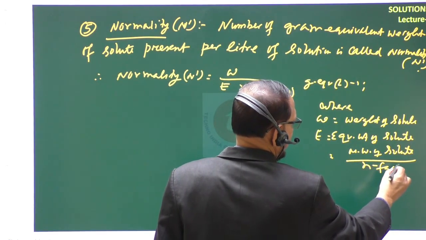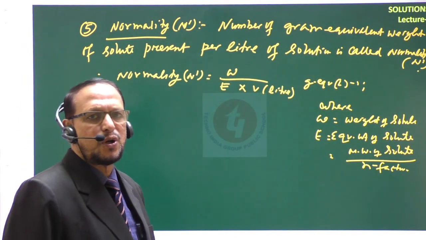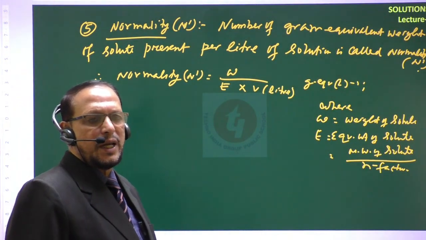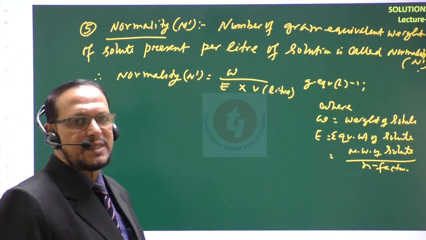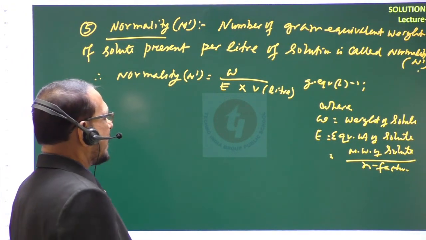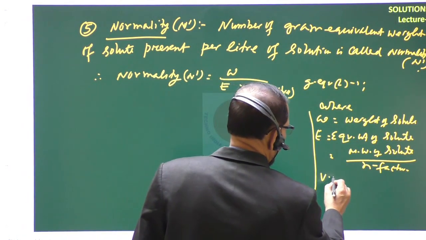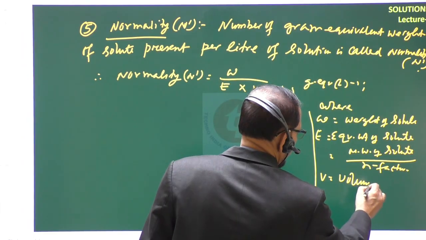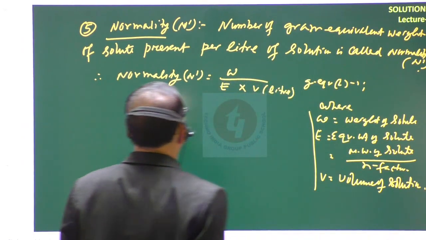N factor is the valence factor, that you know: number of cations or anions for salt, the number of H plus ions, that is the basicity, for acid, and for base it is the acidity of the base. So E is the equivalent weight of solute and V is the volume of solution.